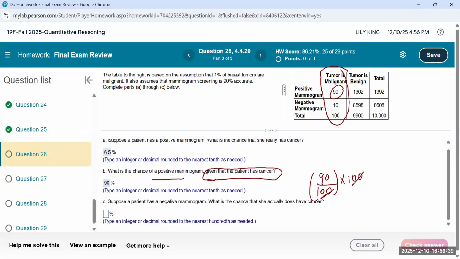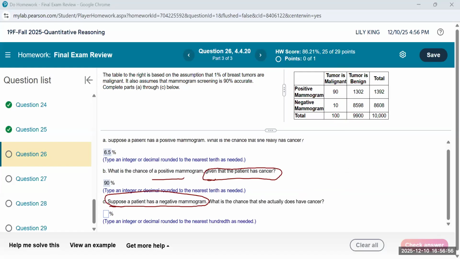And another conditional probability, suppose we are looking at the total negative mammogram as the condition. So we're going to go around that total negative mammogram.